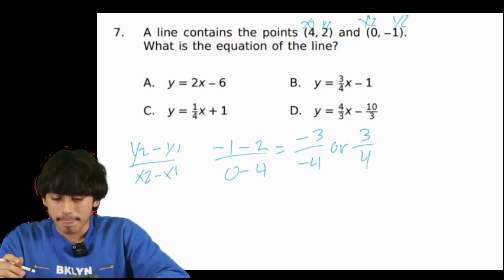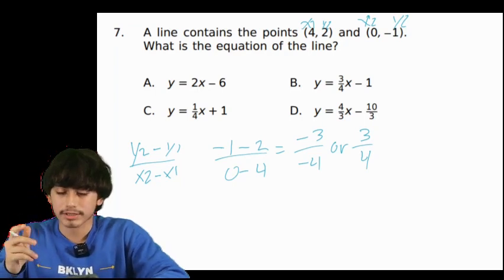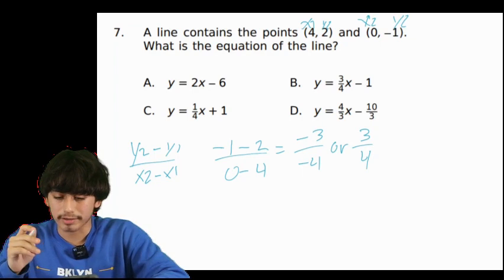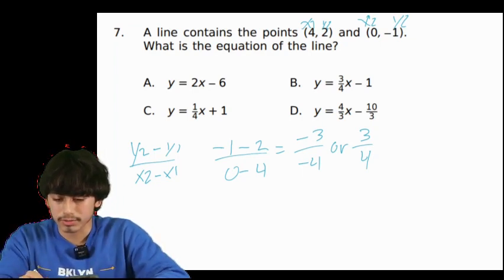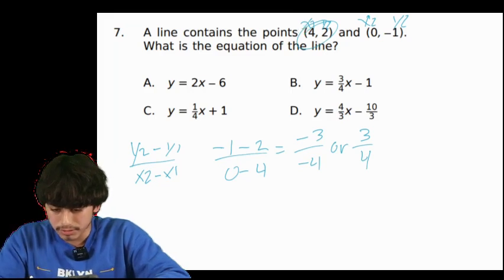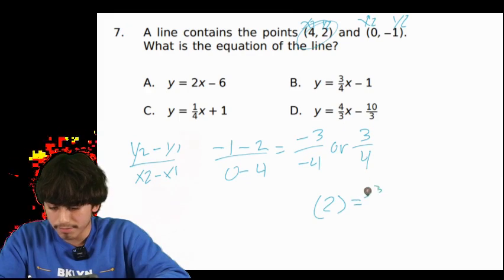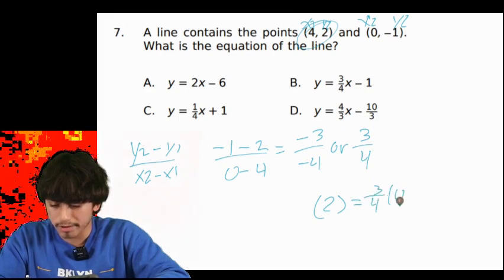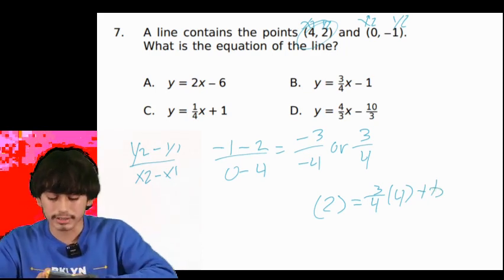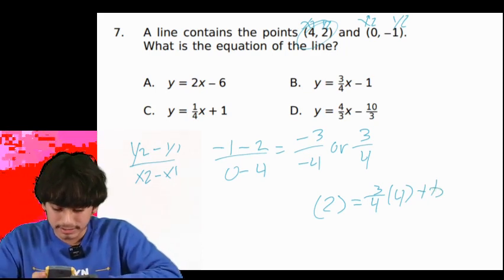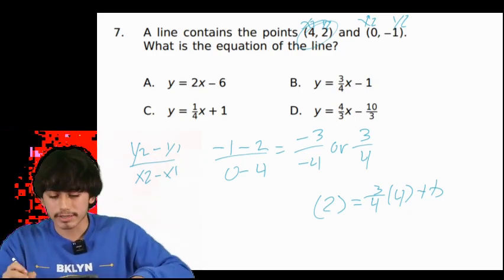And now, since we have the slope, we have to find the y-intercept. So to do that, we need to use one of the y and x coordinates. So I'm going to use this one. So we're going to do 2 equals 3/4 times 4 plus b, which we're going to use a calculator for because I can't do that in my mind. So 3/4 times 4 is going to equal 3.